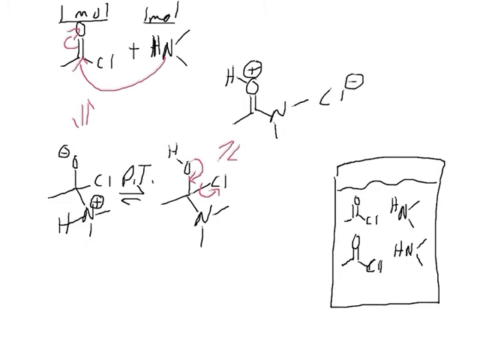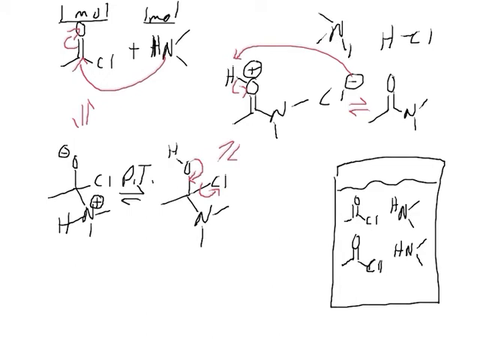So people say, "Oh, there's Cl minus around." There will be Cl minus around. But even if you had Cl minus attack and take the proton, what did you just make? HCl is what kind of acid? Strong acids are going to react with bases. Well, what if I have HCl sitting here, and I have an amine sitting here? They're not just going to look at each other; they're going to react.